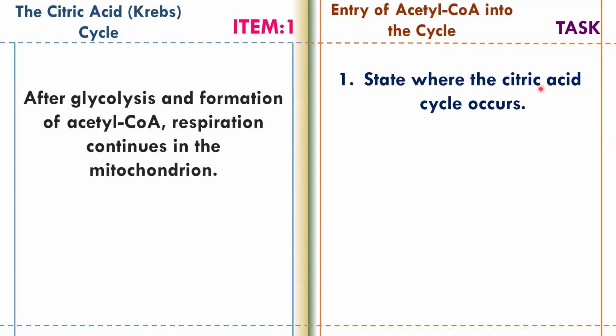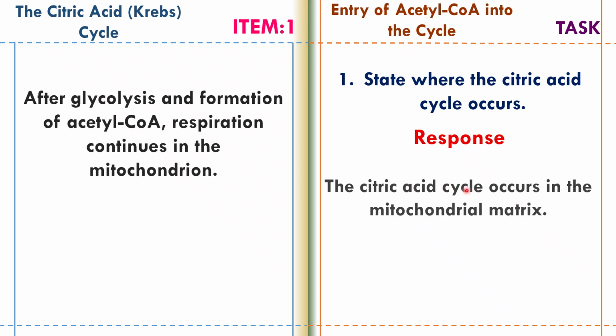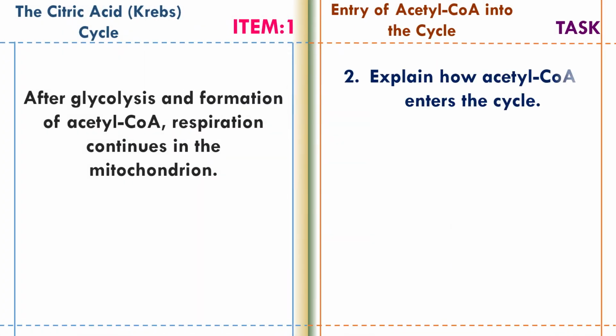State where the citric acid cycle occurs. The citric acid cycle occurs in the mitochondrial matrix. Explain how acetyl-CoA enters the cycle.